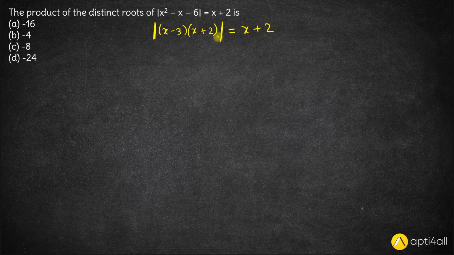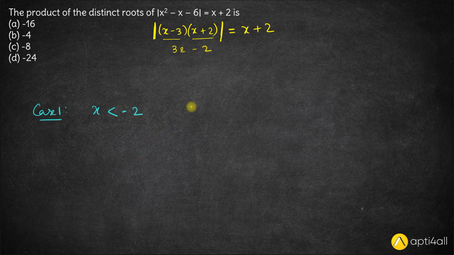Now since this is inside mod, we'll have to make cases when this is positive or when it is negative. Since this is a product of two factors x minus 3 and x plus 2, the critical points here are 3 and minus 2. So we'll have to actually make three cases. First case is when x is less than the least of these values.